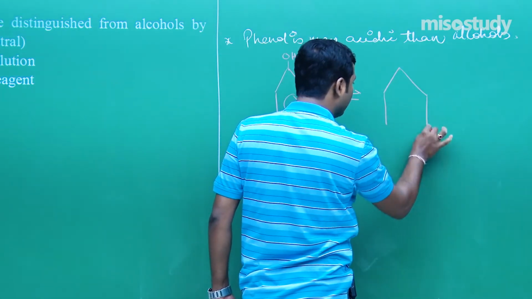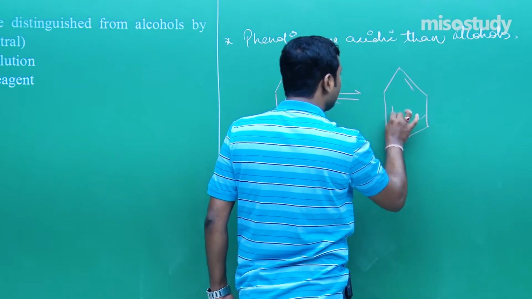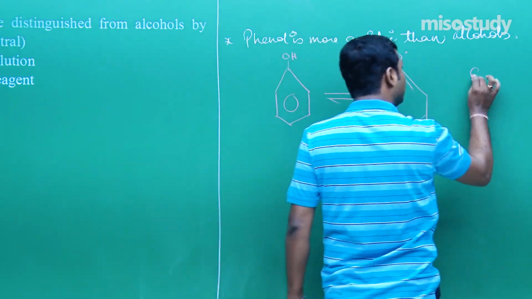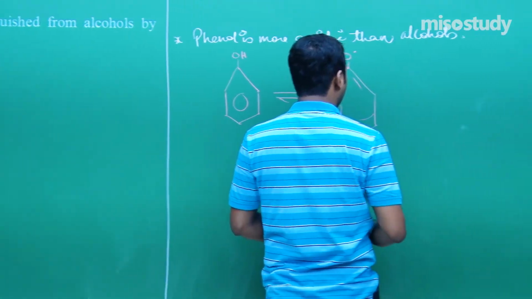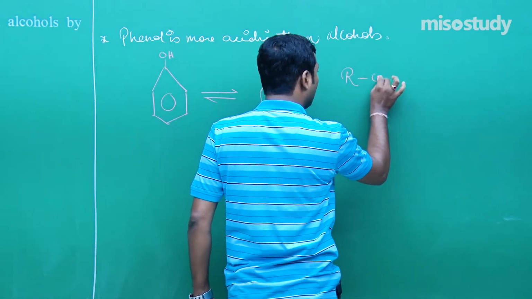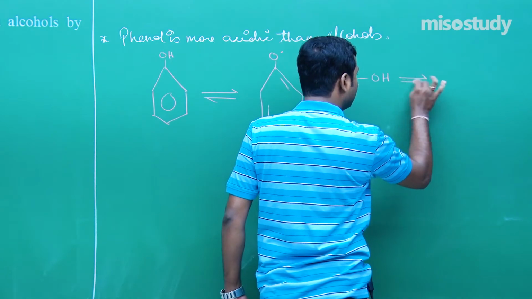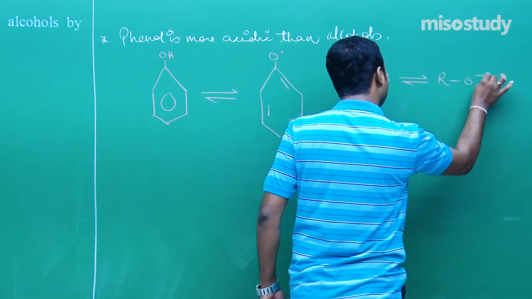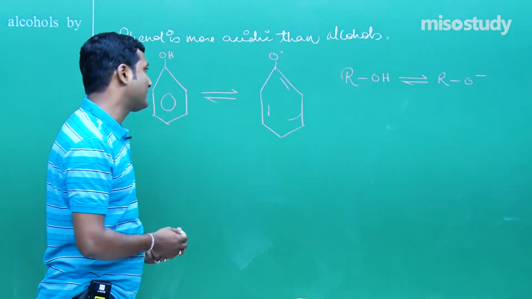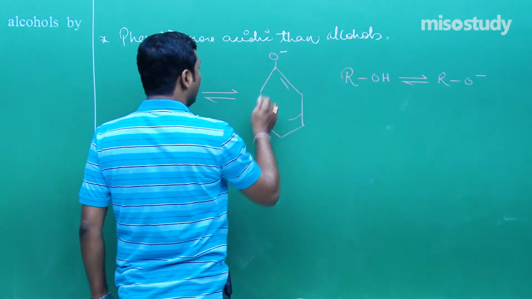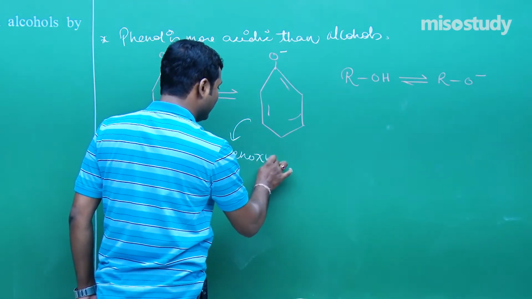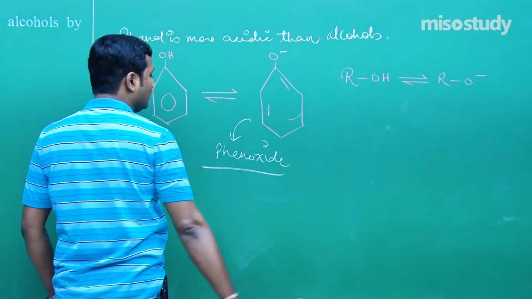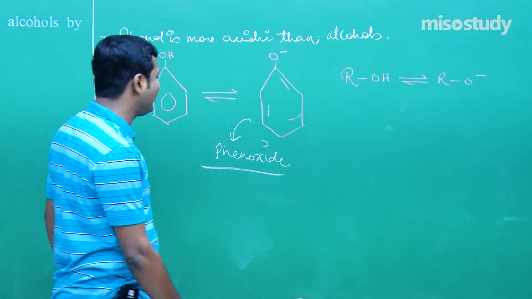And in comparison to alkoxide, that is, if I talk about alcohol, ROH, that is RO minus. Clear to you? That is, it is more acidic in nature. It forms phenoxide ion easily, which is more stable than the alkoxide ion.